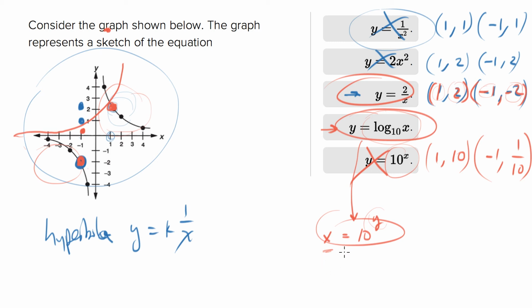So when x is 1, for example, what power of 10 gives you a 1? Well, it's actually 10 to the 0 that gives you that. So 10 to the 0 equals 1. So when x is 1, y is 0.